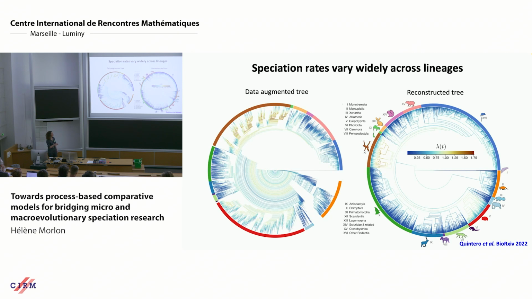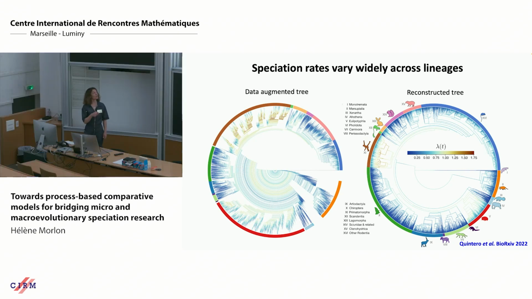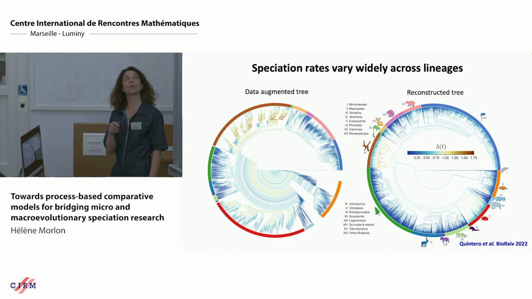So what you have here is the reconstructed phylogeny of all mammals. And what you have on the left is the data augmented tree, augmented with these unseen extinct lineages, informed by fossils, where we can really see groups where there has been a lot of speciation events, but a lot of extinction as well.